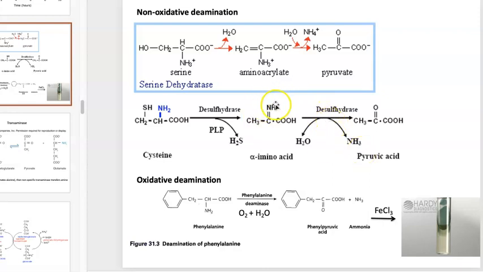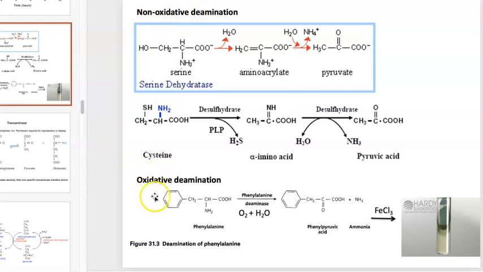So right here, this guy gets plucked off. And again, you make pyruvic acid or pyruvate, and then this can again be shunted into the TCA cycle and so forth. So desulfhydrase and serine dehydratase are two examples of enzymes that undergo non-oxidative deamination.